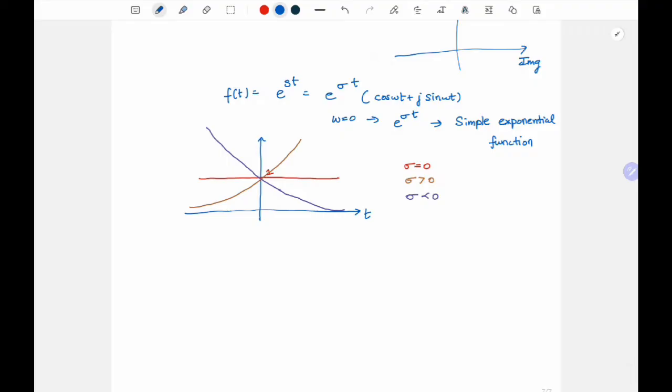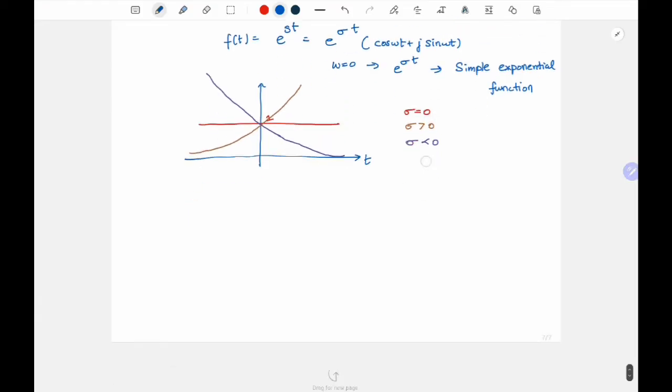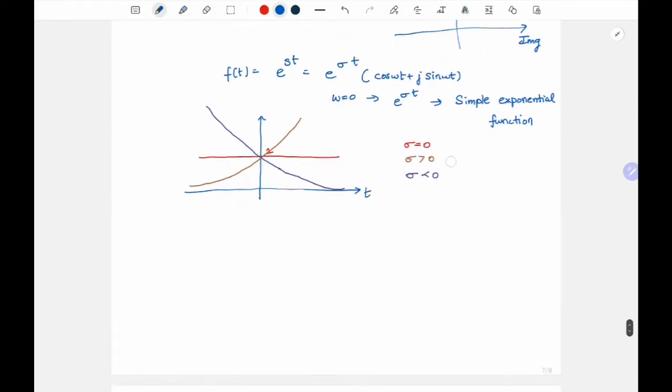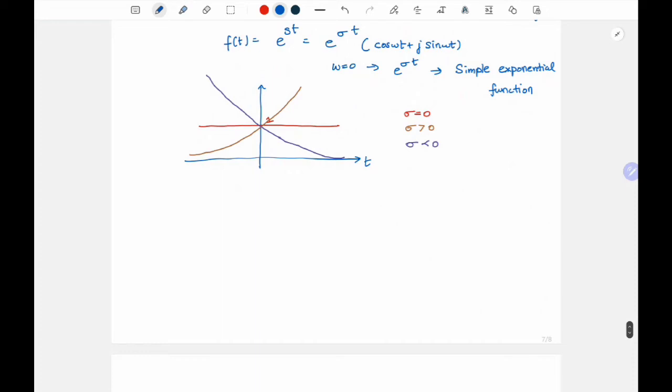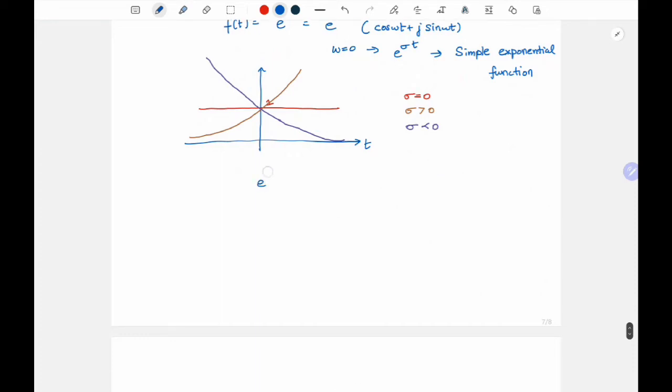Now let's say omega is not 0. What happens then? Then you will have this real and imaginary part. So the real part, what do I have? E power sigma t cos omega t. This is real. And imaginary, what do I have? E power sigma t sin omega t. Correct?